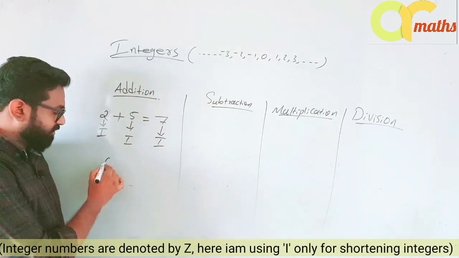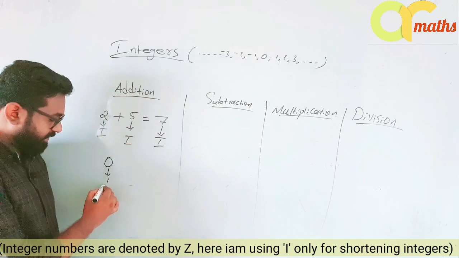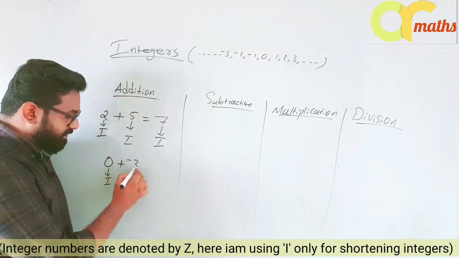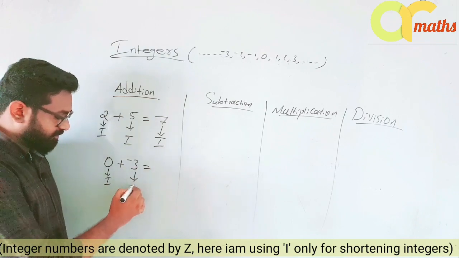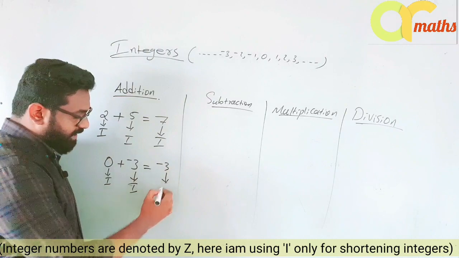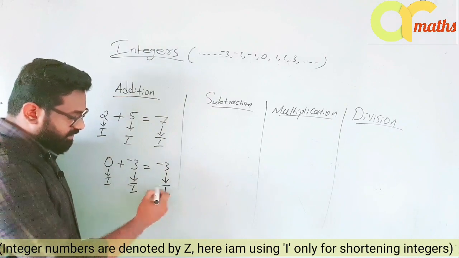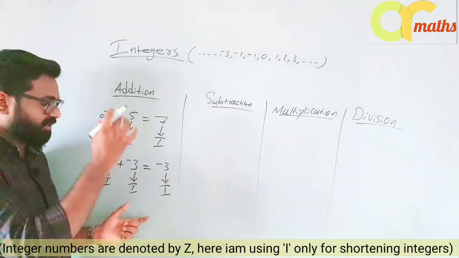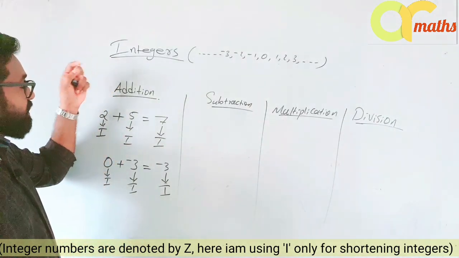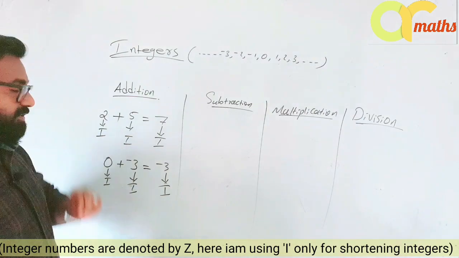Suppose you are taking 0, which is an integer, plus another integer, minus 3. 0 plus minus 3 is minus 3, which is also an integer. Input is an integer and output is also an integer. Therefore, integers are closed under addition.